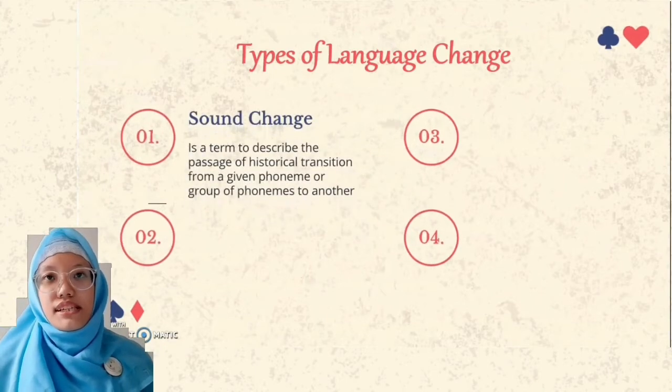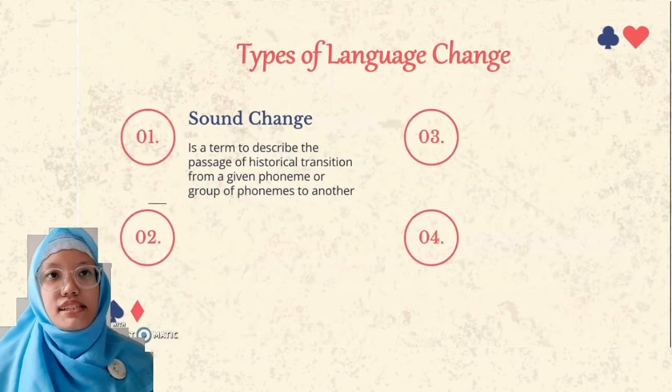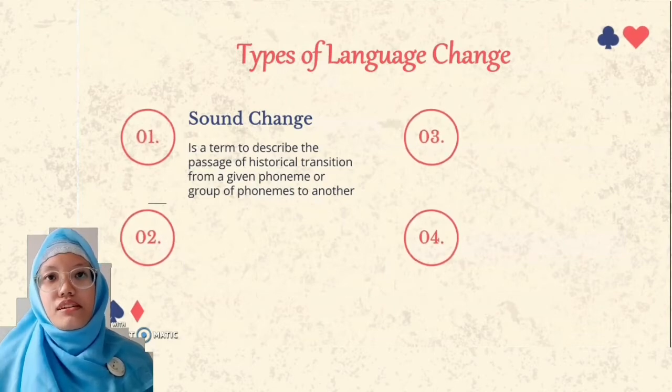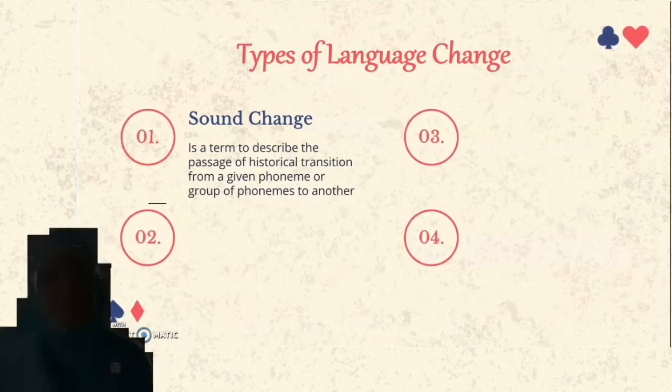The first is sound change. Traditionally, historical linguistic studies begin with sound change, which is a term to describe the historical transition from a given phoneme or group of phonemes to another. For example, the change of Germanic K into Old English H.